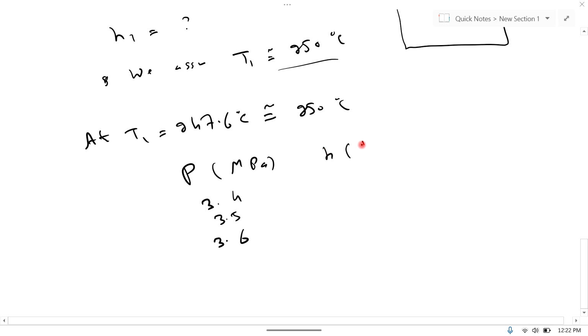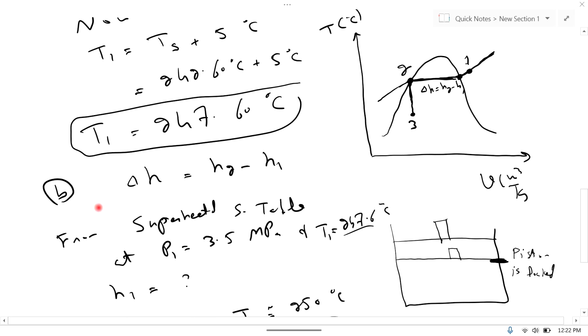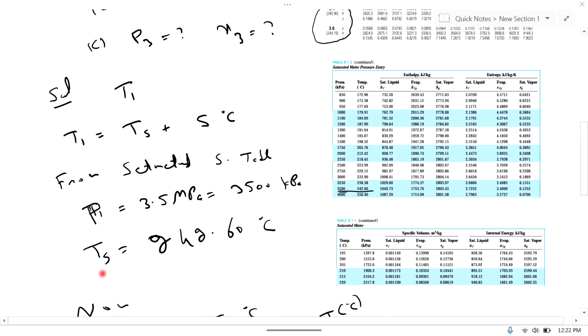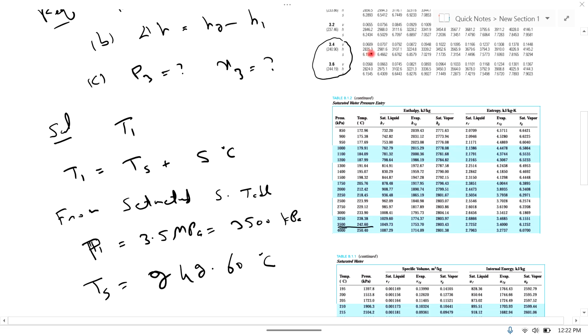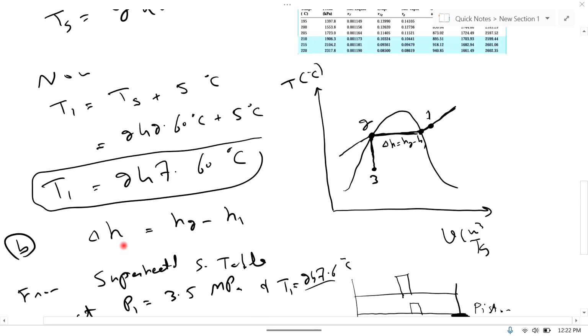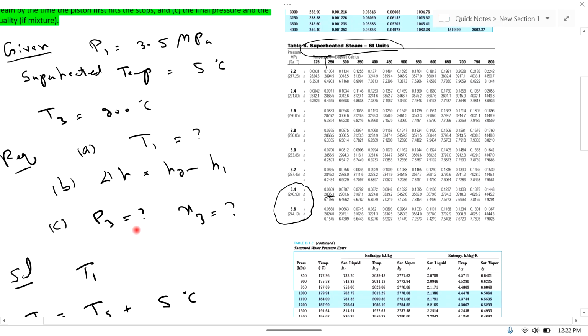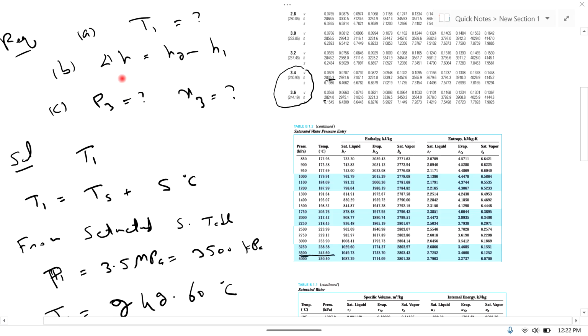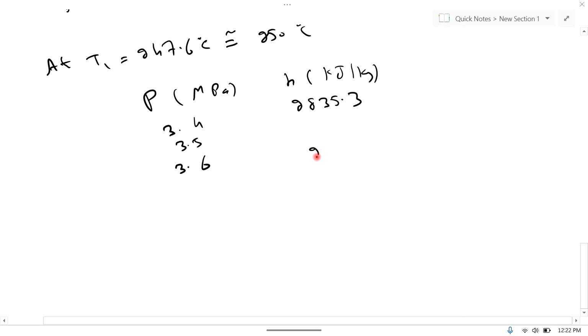Enthalpy in kilojoule per kg in front of 3.4 megapascal is 2835.3, and at 3.5 megapascal and 250 degrees centigrade, this is 2824.0 kilojoule per kg, and here H1 is required.